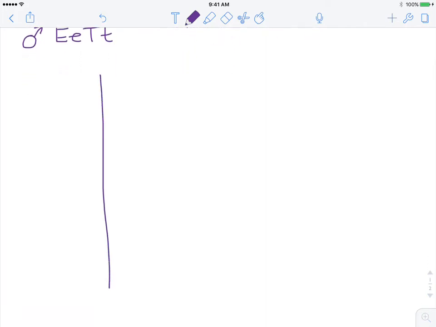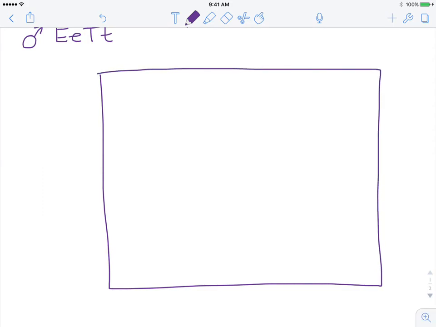So we'll draw our really big square. I'm going to try and give myself some room because within each of these squares is going to be 4 different letters. And we're going to put the possible gamete combinations at the top. So we can have big E, big T; big E, little t; little e, big T; and little e, little t.